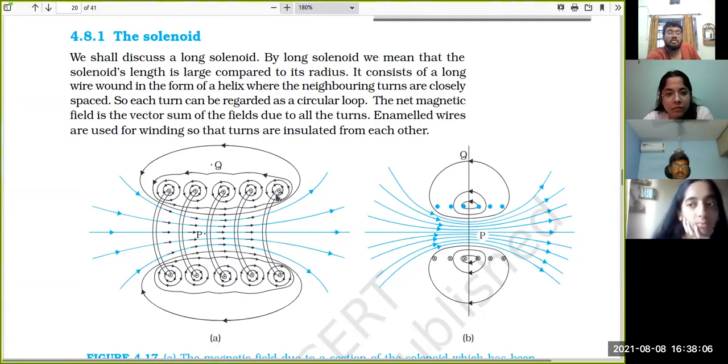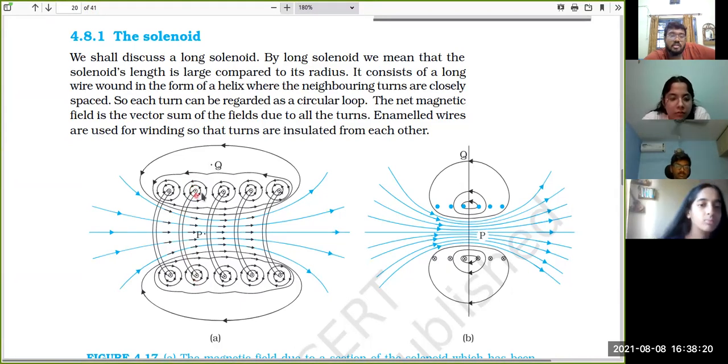See here, this is the wire. It is going. At this point of the wire, the magnetic field is like this, a circle. Okay, fine. And then due to this, there is a circle here, circle here.